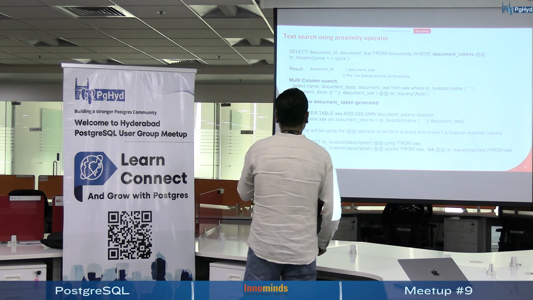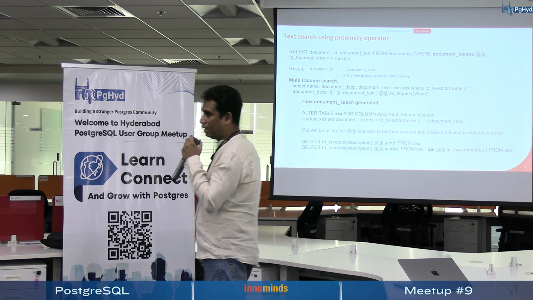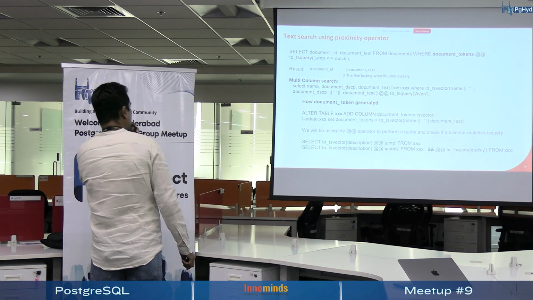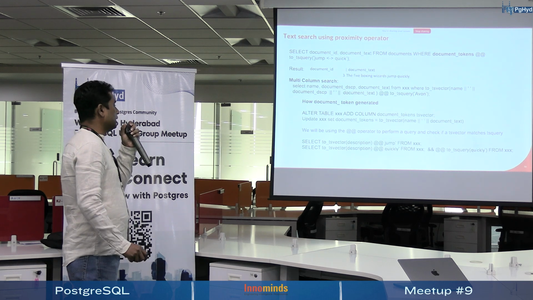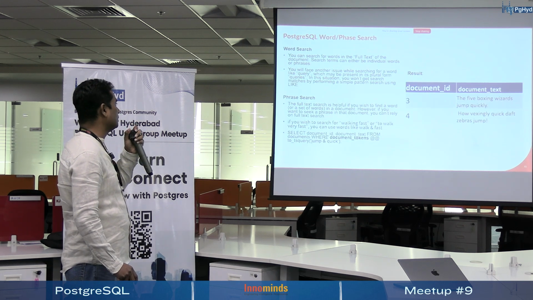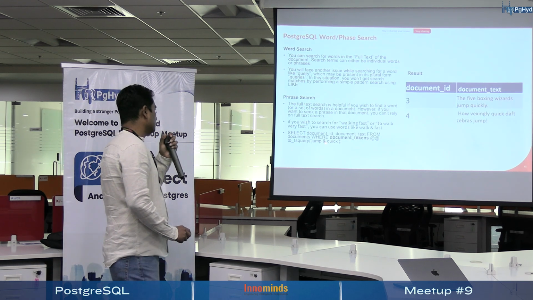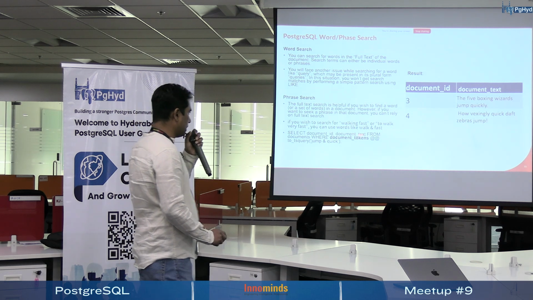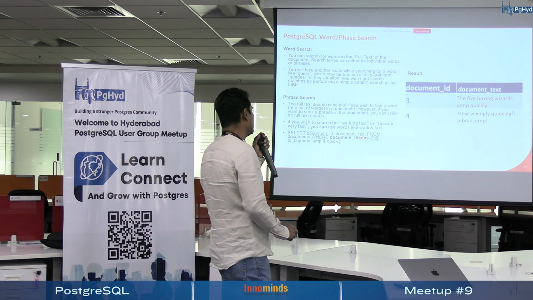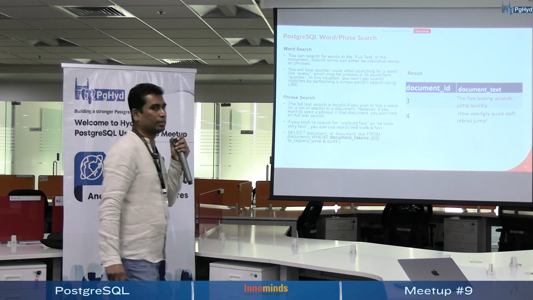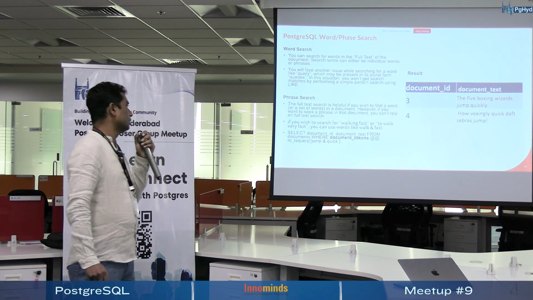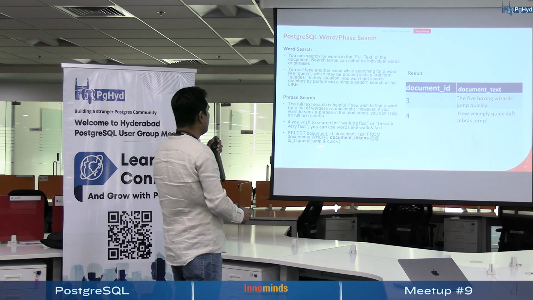So that proximity operator I told before, but I just want to tell one thing here. So this query is here, but no one thinks about this document token. What exactly is the document token? I put it here, but there is no relation between this query, right?